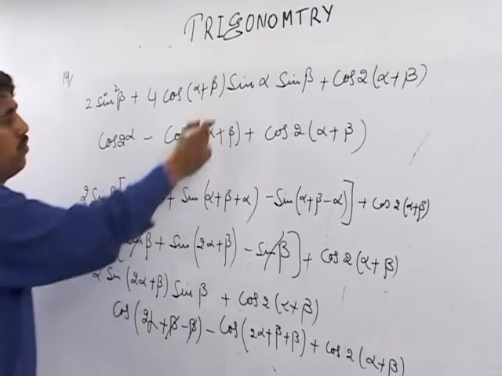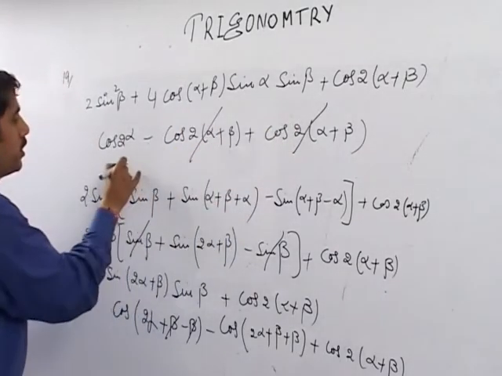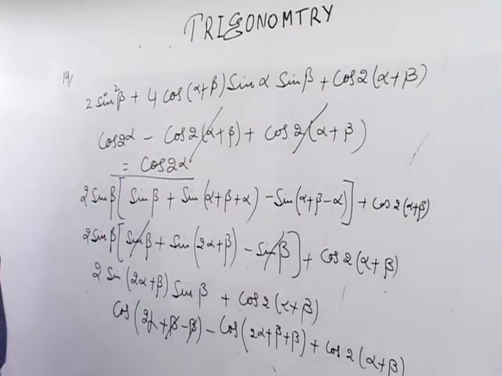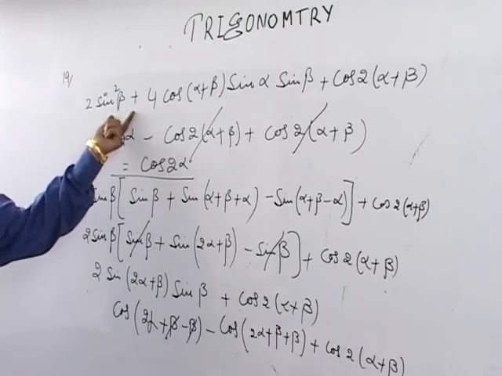Now this will be cancelled out and ultimately you will be left with cos of 2 alpha, which is the simplified form of this trigonometric expression.